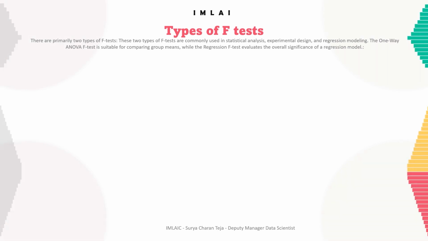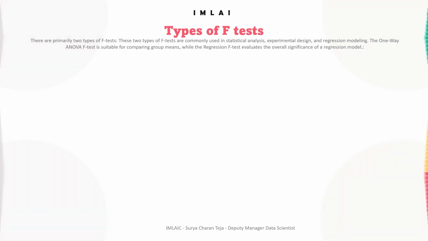I always tell my fellow data scientists who work under me, if you know the F test, if you know how to perform the F test, you have a fantastic tool in your data science toolset, because it's going to help you in a lot of things.